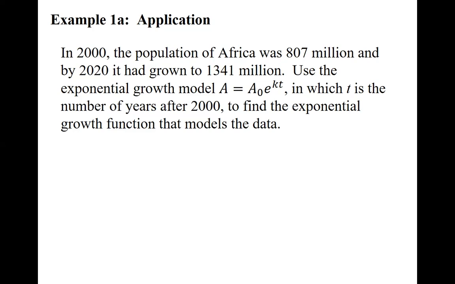So start with our exponential growth model. We are given a t equals 0 amount, aka a year 2000 amount of 807 million. So 807 is our A sub 0.